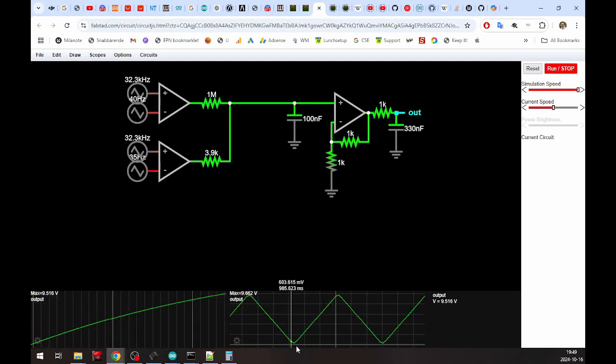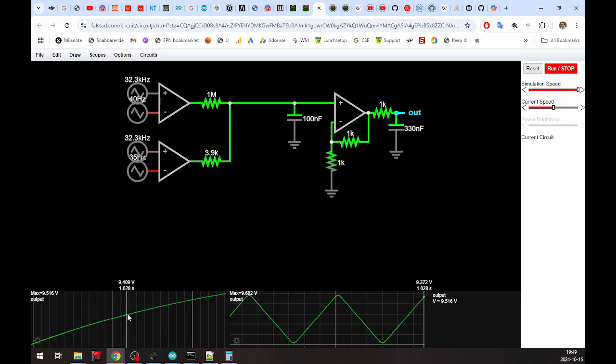If we look here, we go from 400 millivolts to 9 volts, and this takes, what, 15 milliseconds. We can go faster, but we see how smooth this curve is.